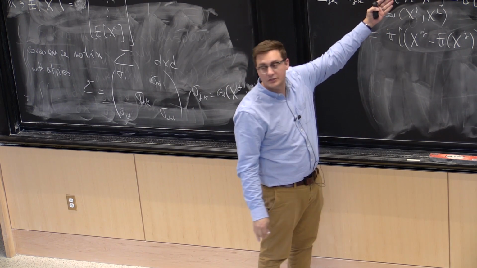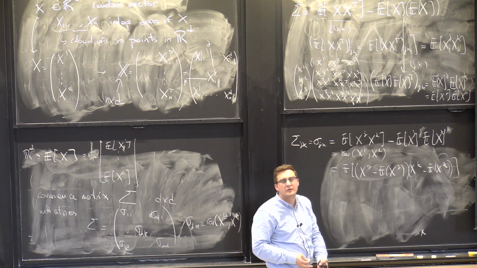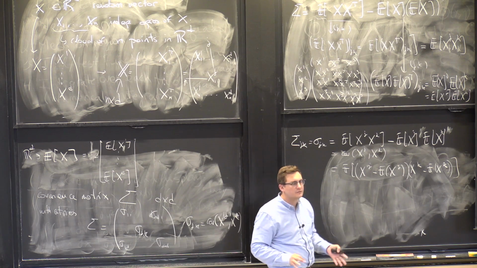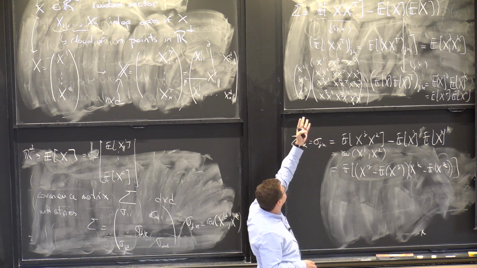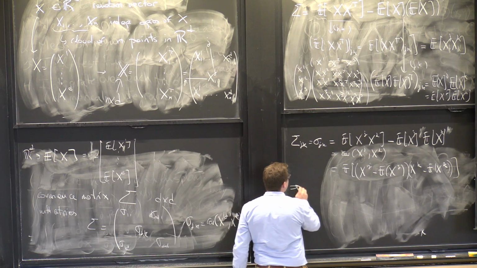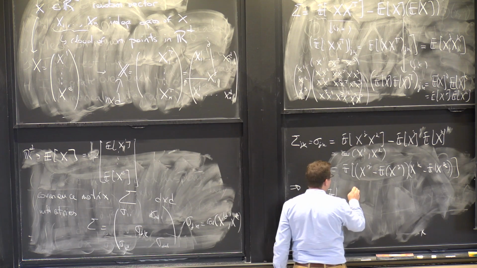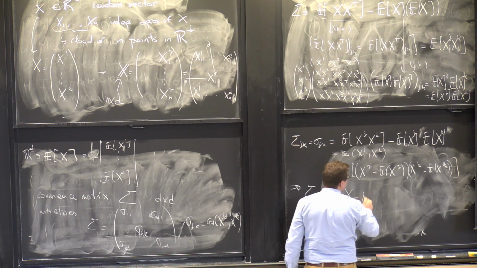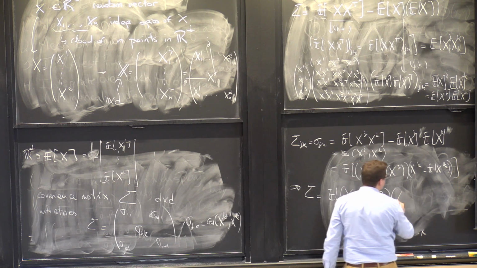This is the second definition of covariance, just like you have the variance, which is the expectation of the square of x minus E of x, or the expectation of x squared minus the square of the expectation of x. It's the same thing for covariance. And you can actually say this in terms of vectors, right? So this implies that you can also rewrite sigma as the expectation of x minus expectation of x times the same thing transpose.